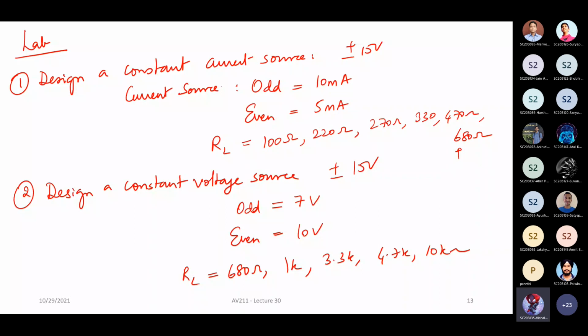Sir, what is the Zener diode specification? Now don't use a Zener, just use a resistive divider. Okay, sir. Zener diodes are there in the lab, but then you have to look at the data sheet. Maybe first do it with the resistor divider, and then you can try to use the Zener.